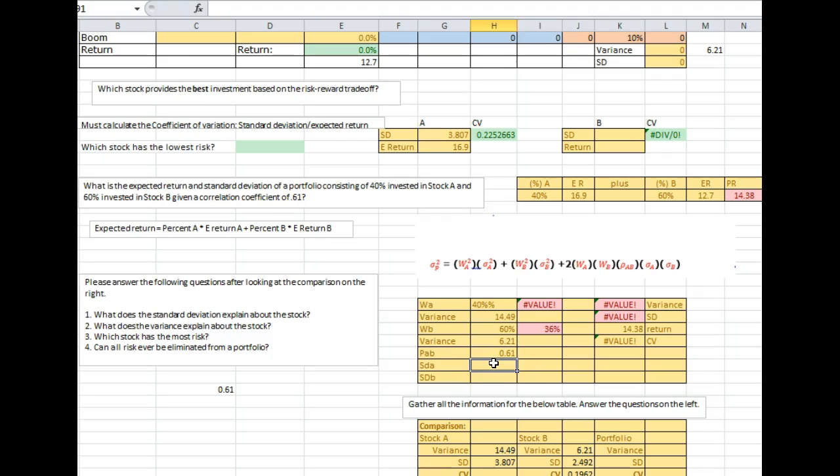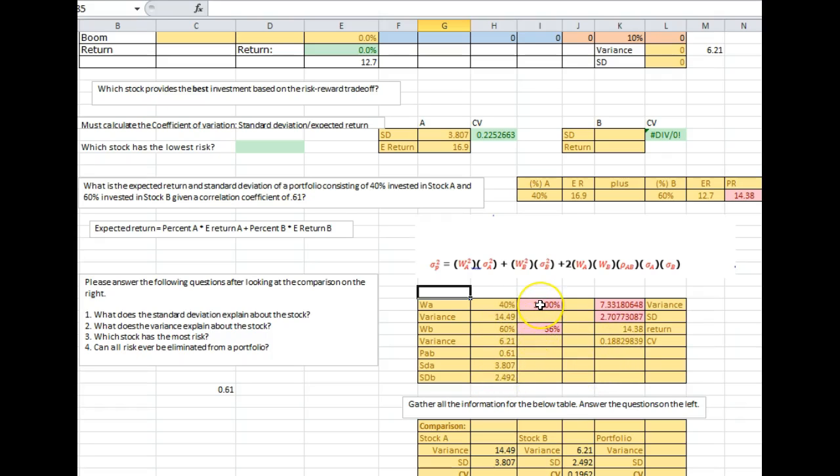And now the standard deviation of A, SDA, which is 3.807, and the standard deviation of B, which I've got down here, but you'll have it in the table, 2.492. Okay, now all of these numbers are filled in.